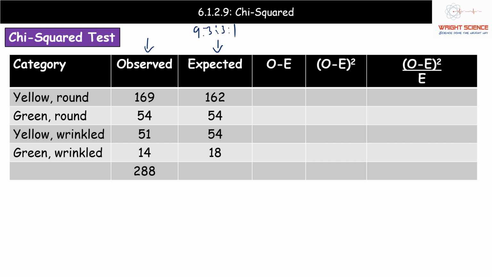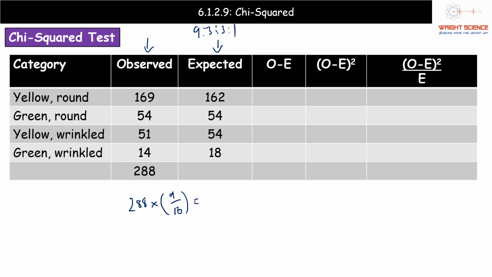Now 9 plus 3 plus 3 plus 1 is going to give us our 16. So all we need to do is take 288 and times that by, for the yellow round ones, 9 divided by 16. That's going to give us our expected value of 162. And you just do that same thing to get all your other expected values if they weren't provided for you. Now in this case we've been given them, so that's just an aside for the other type of question that could exist.